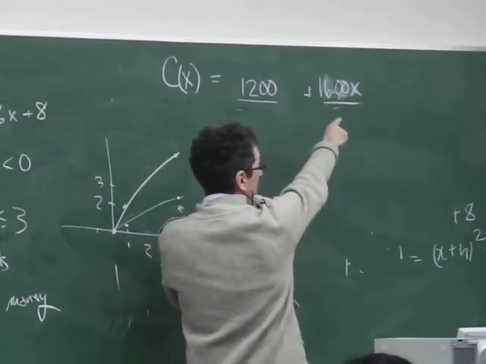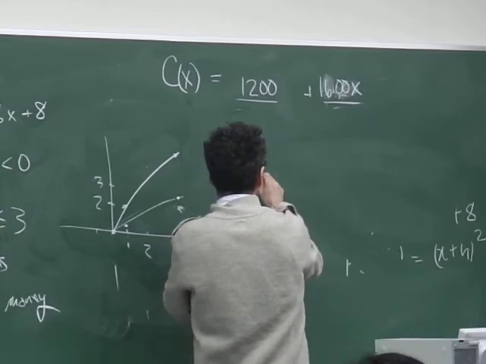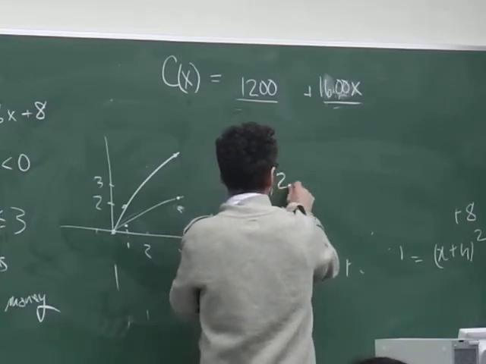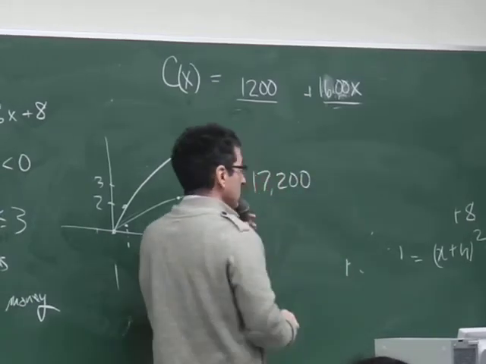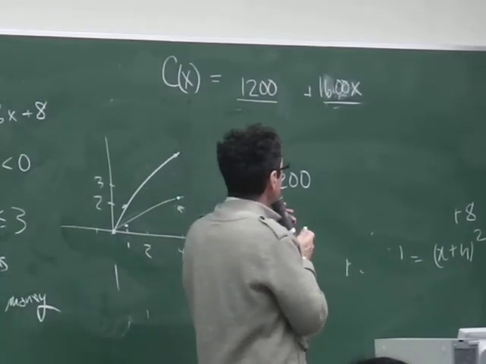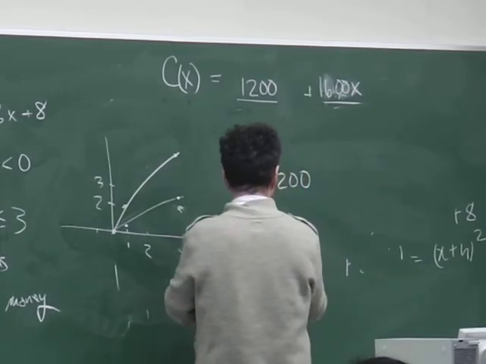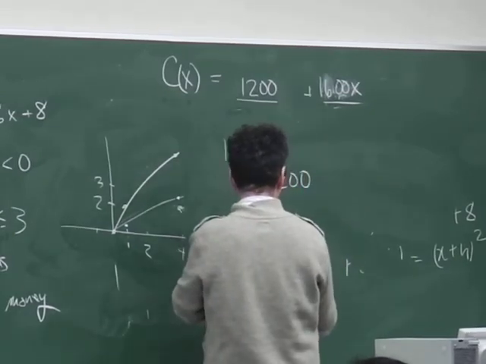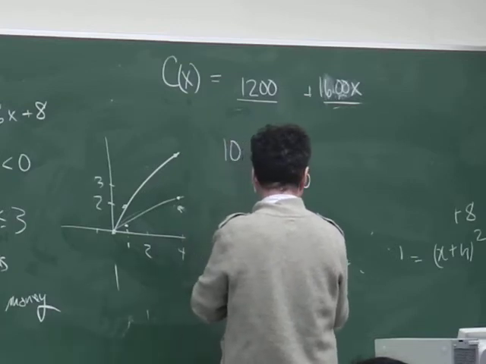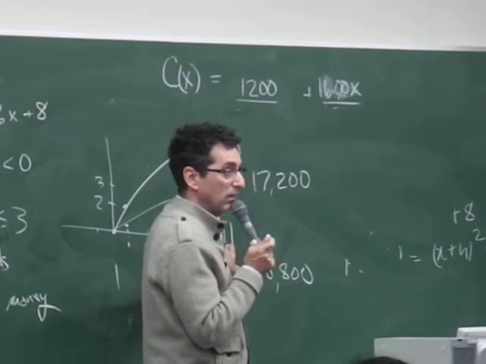It's 16,000 plus 1,200, 17,200, right? What's the cost of producing 11 pianos? So now it's going to be plus 1,600, right? So what's that? 18,800.